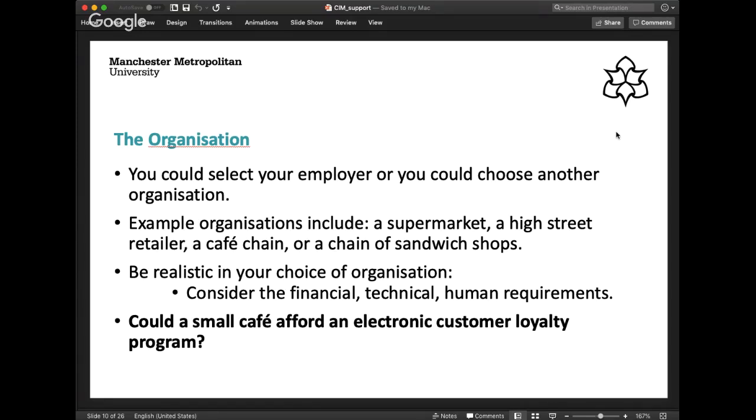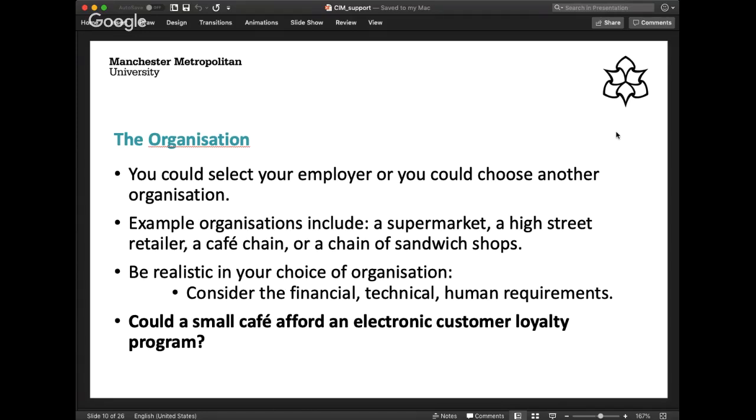And the answer is no. So you need to think about this carefully, because you're going to have to be realistic in your choice of organisation. Are they going to have the financial resources to back a good customer loyalty program? Do they have the technical competency to be able to run a good customer loyalty program? And are they actually going to have the human resources and the knowledge within the organisation to keep this running after you've set it up?